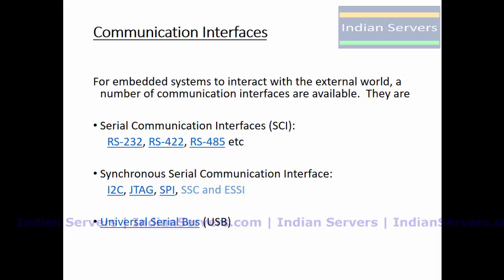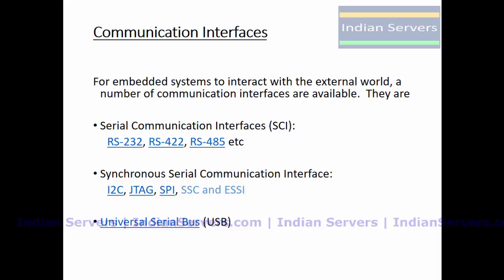Coming to serial communications, we have three types of serial communications. One is simplex serial communication, half duplex serial communication, and full duplex serial communication. Coming to simplex serial communication, data transfer happens one way, meaning one microcontroller can send data to the other microcontroller.